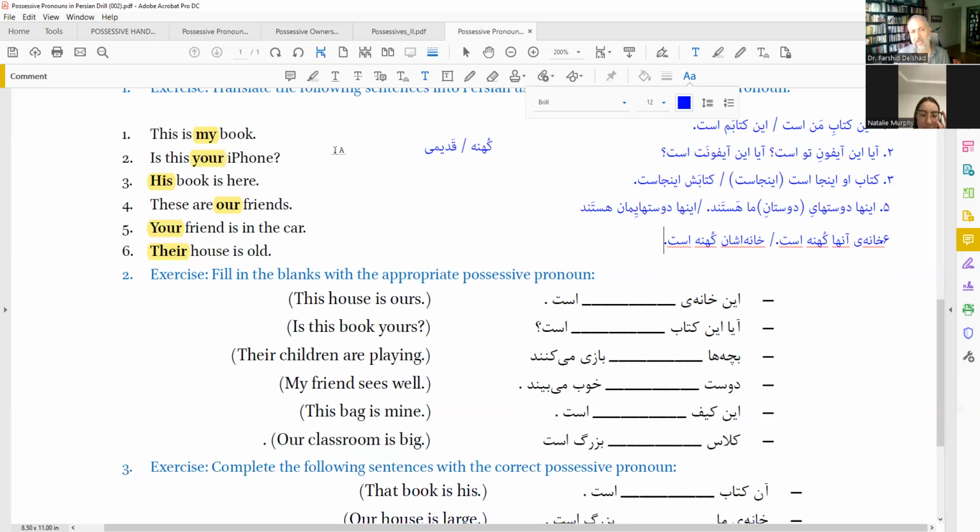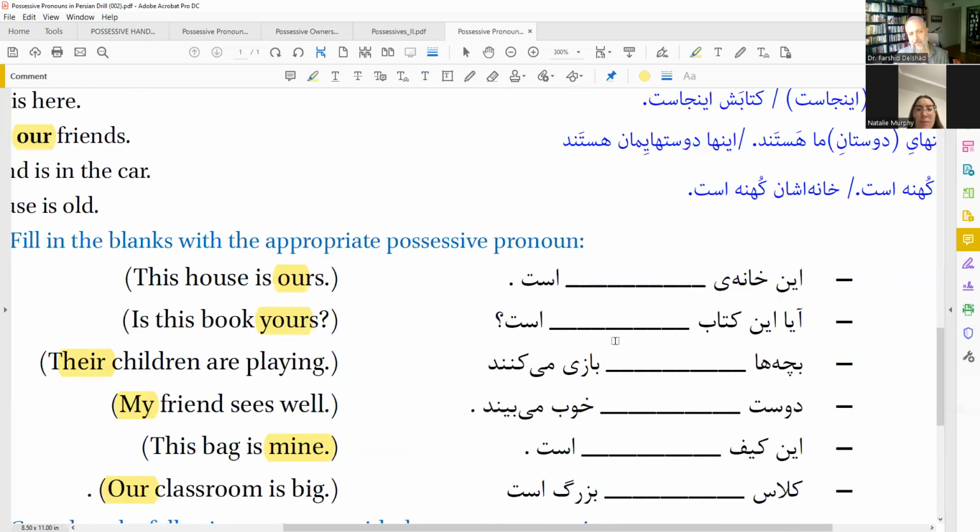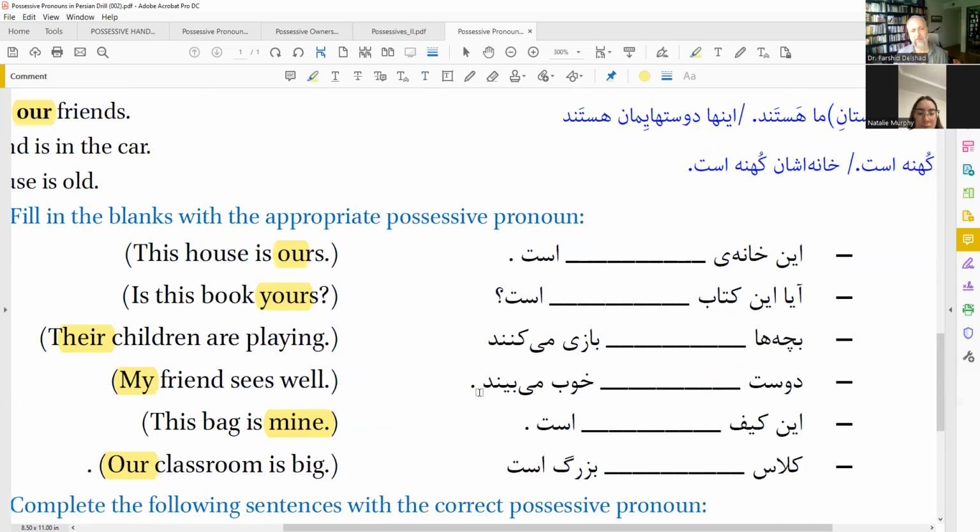So these are the possessives: ours, yours, theirs, mine, and ours.